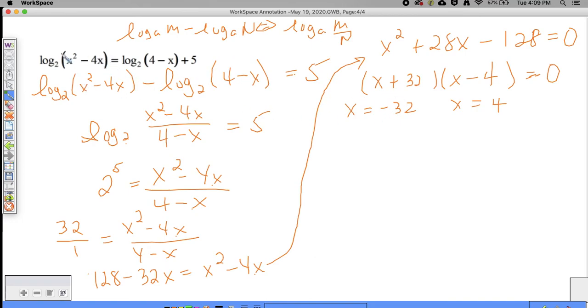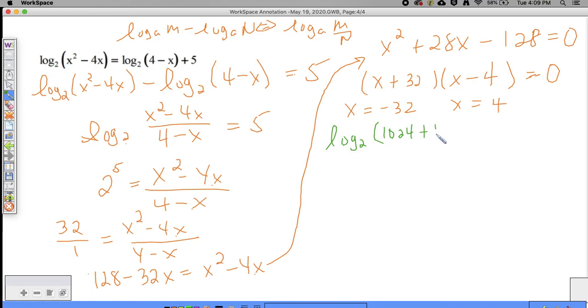So now what we're going to do is go back over here, and we're doing log base 2 of, now, negative 32 squared is positive, friends. So that becomes 1024. And then minus 4 times the negative, that is another positive. So 4 times 32 is 128.